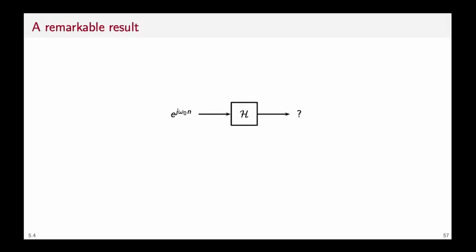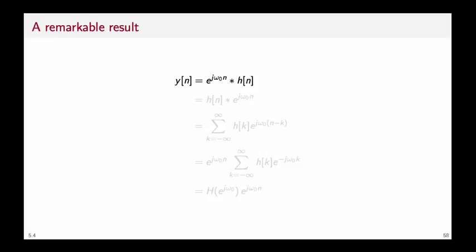What happens if we take a linear time invariant filter H and we use as the input a complex exponential of known frequency omega 0? Well, let's write out the convolution. Then we exploit the fact that the convolution is commutative, and we exchange the order of the terms in the convolution product, at which point we can start writing out the convolution sum explicitly, and we have the sum for k that goes from minus infinity to plus infinity of h of k that multiplies e to the j omega 0 (n minus k).